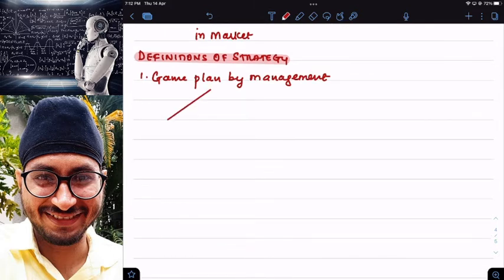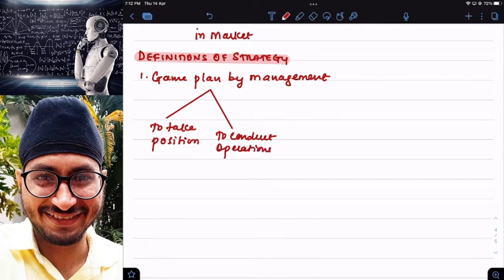This game plan is about taking a position, to conduct operations, to attract customers. Clear?